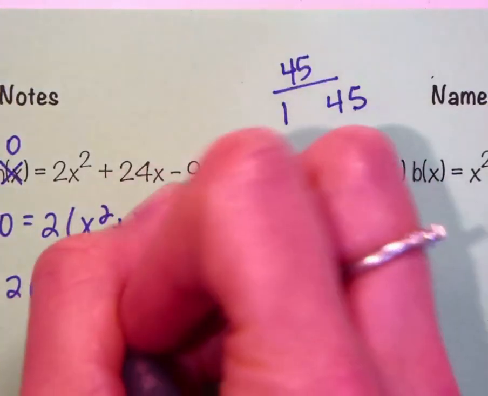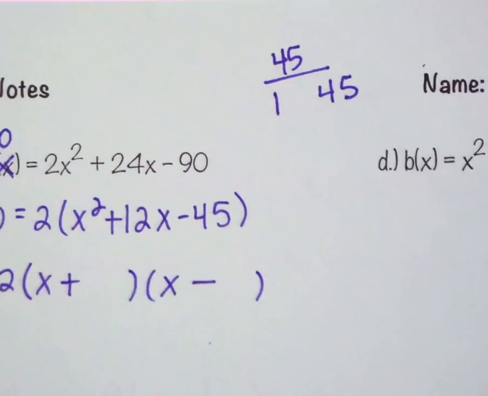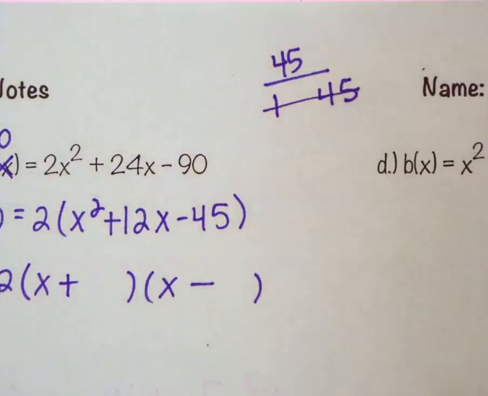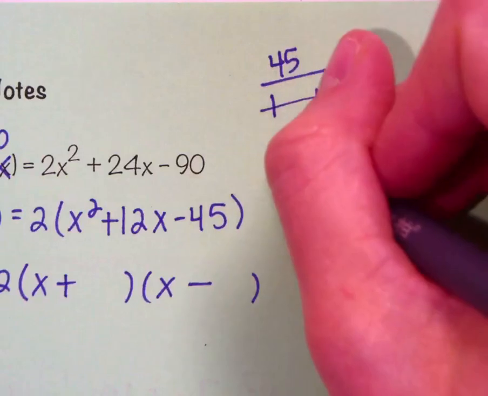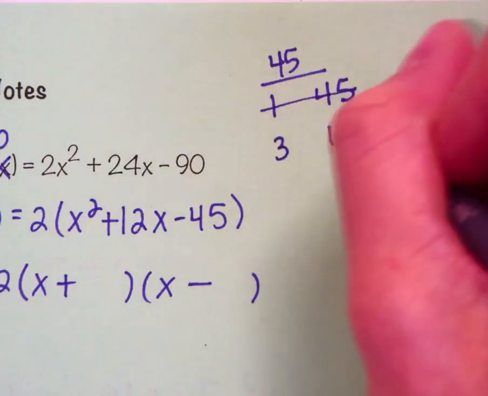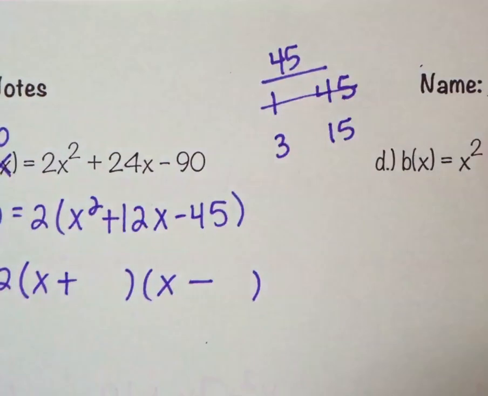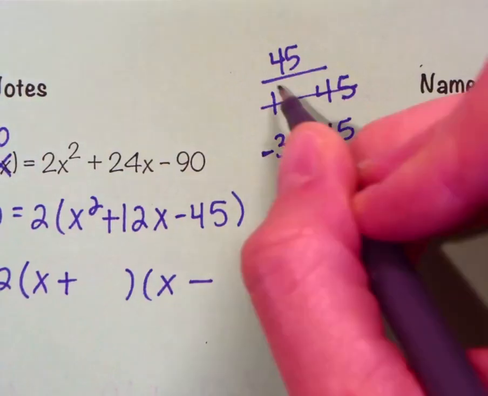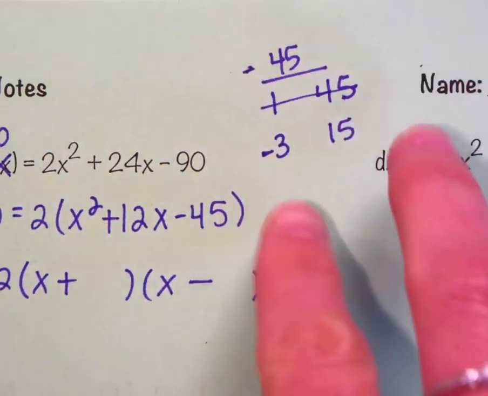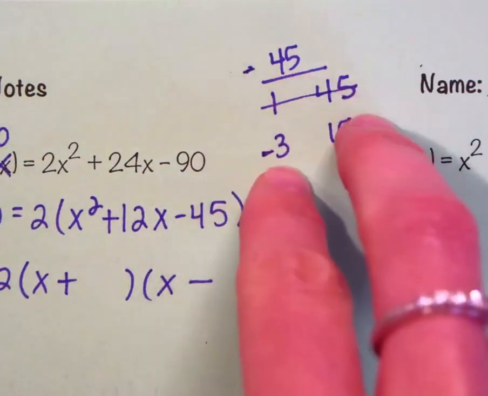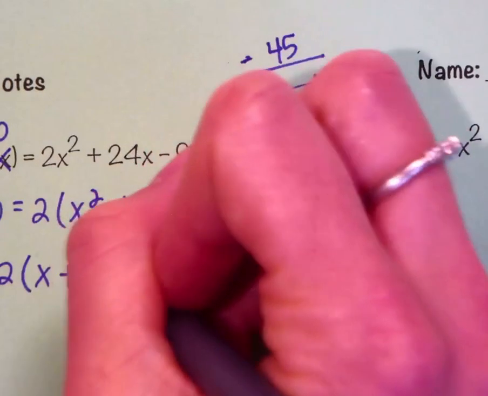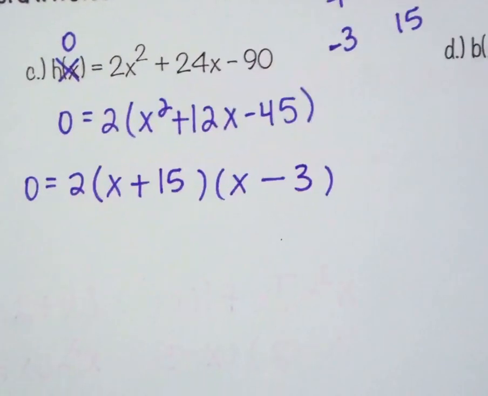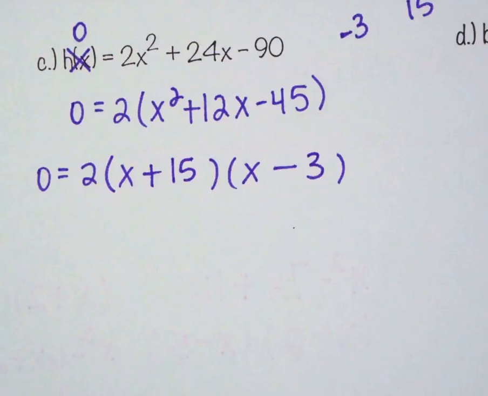They have to multiply to a negative, so that means one's going to be negative, one's going to be positive. 1 and 45, can't get 12 from that. 2 doesn't go into 45. 3 and 15, ooh, I can get 12 if I make this 3 negative. So these two numbers multiply to negative 45 and add to positive 12.